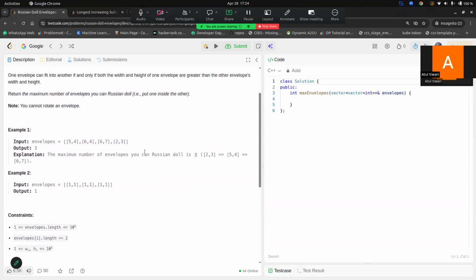In the test case, you can see that 2,3 can fit into 5,4 because 5 is greater than 2 and 4 is greater than 3, and then 5,4 can fit into 6,7. So if we have A1,B1, A2,B2, and A3,B3, they can be Russian dolled if A1 is greater than A2 is greater than A3, and B1 is greater than B2 is greater than B3.